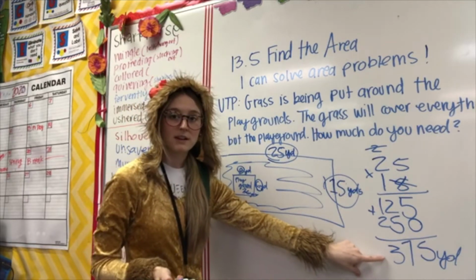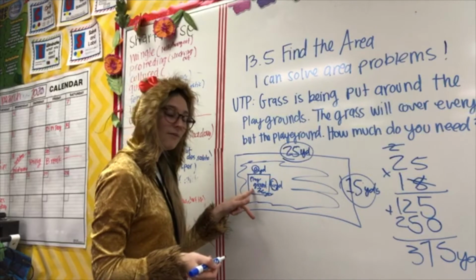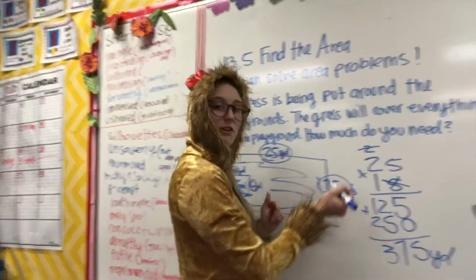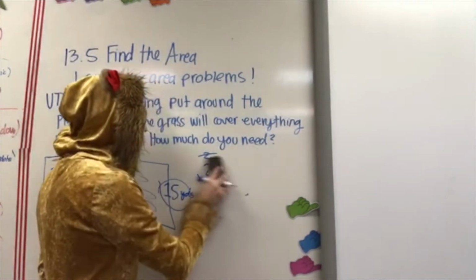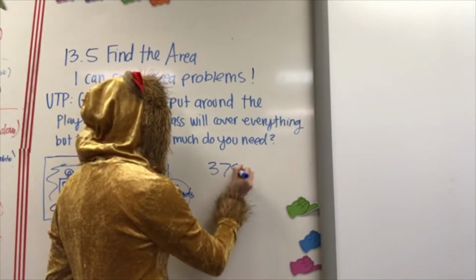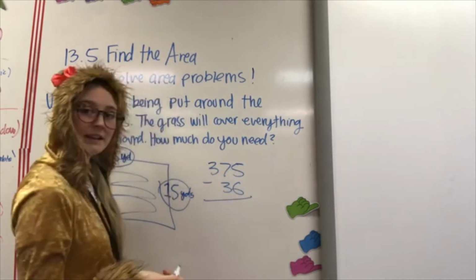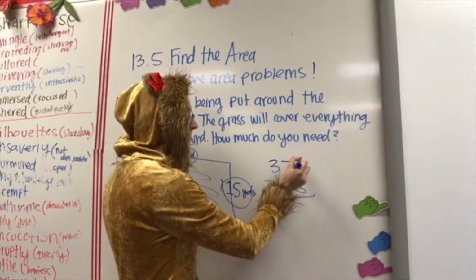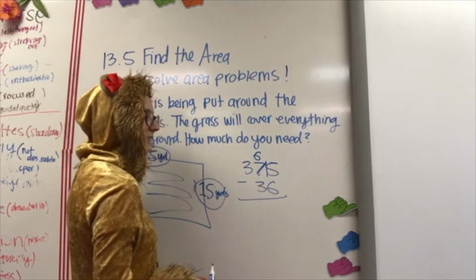So we take our 375, which we got for our whole area, and subtract just the playground area, which is 36. So let's go over here. Let's do 375 minus 36. All right, let's do it. You can't do 5 minus 6, so we need to borrow. 7 turns into a 6. 5 turns into 15.